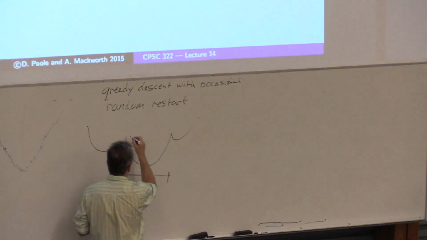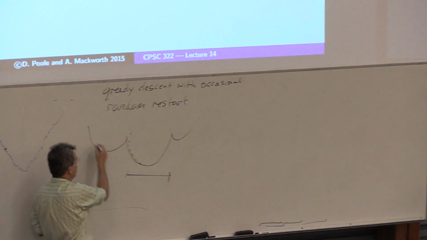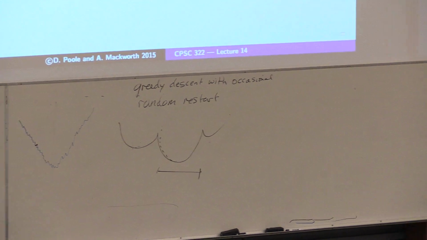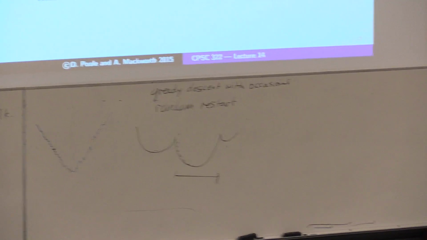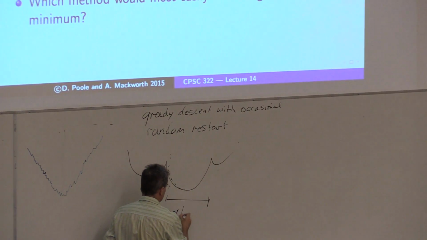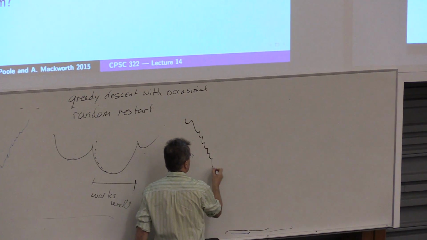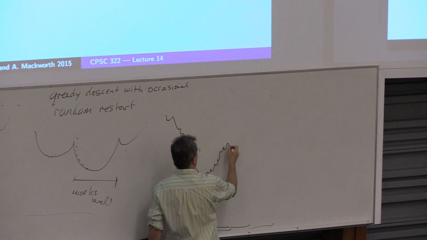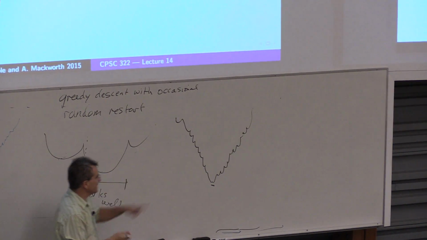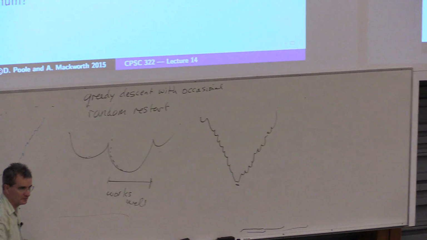So here, as soon as we get here, we get back to here. If we get here, we get to here, but by random chance, some of the times we're going to end up in this global area. Whereas this one on the right, it works well. But if you have this funny graph like this, to not get stuck in one of these local minima is very unusual.